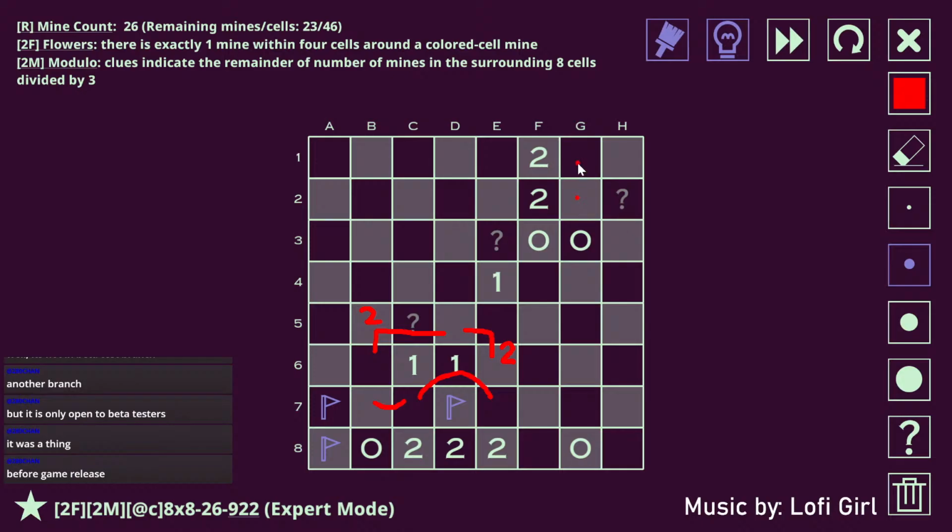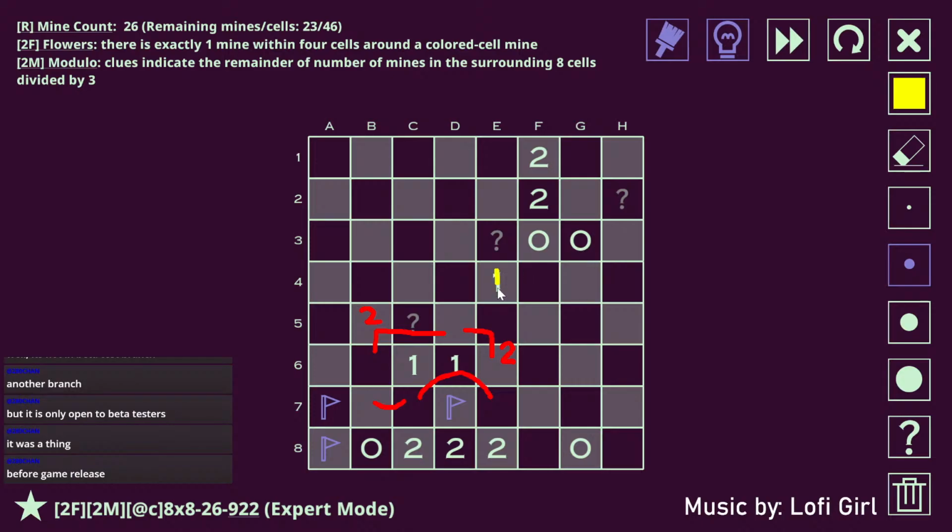If this is a mine, this has to go out and touch something. I guess I would force this, which would force this, which is fine. This one is instantly a 4 now. Okay, doesn't really help. If this is empty, it still works. I don't know.